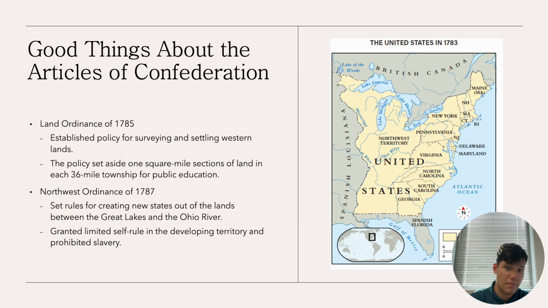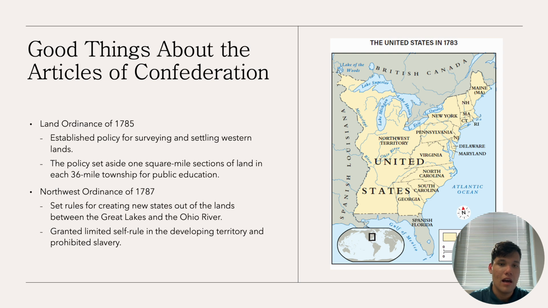All right, so the good things about the Articles of Confederation. Despite its shortcomings, the Articles had some successes, particularly with land policies. As you can see on the slide, the Land Ordinance of 1785 set guidelines for surveying and settling western lands, with land set aside for public education.